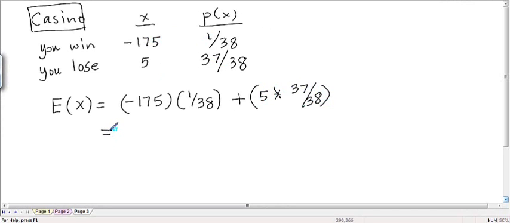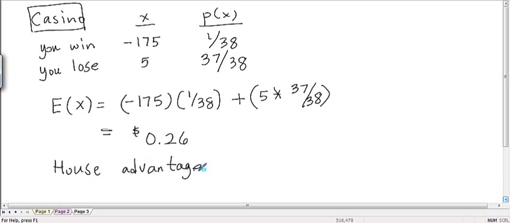If you plug that into the calculator, you will get positive 26 cents. So if you kept on playing, the casino will win 26 cents in the long run. This is called the house advantage, meaning if you keep on playing, you're going to end up losing and the casino will end up winning.